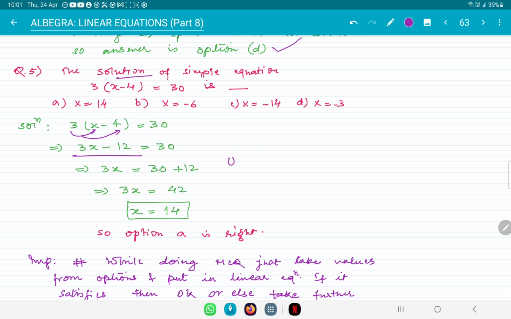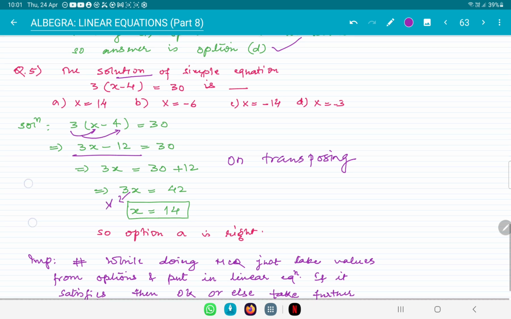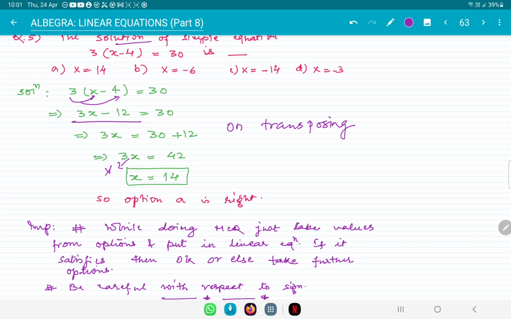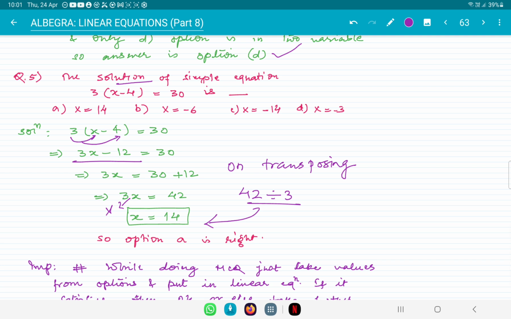Now on transposing, 12 will go to the right hand side with positive. So 30 plus 12 equals 42. And here it is a multiplication between 3 and x. So when it goes to the other side, 42 will be divided by 3. So we get x equals 14. So which option is right? So option A is right.